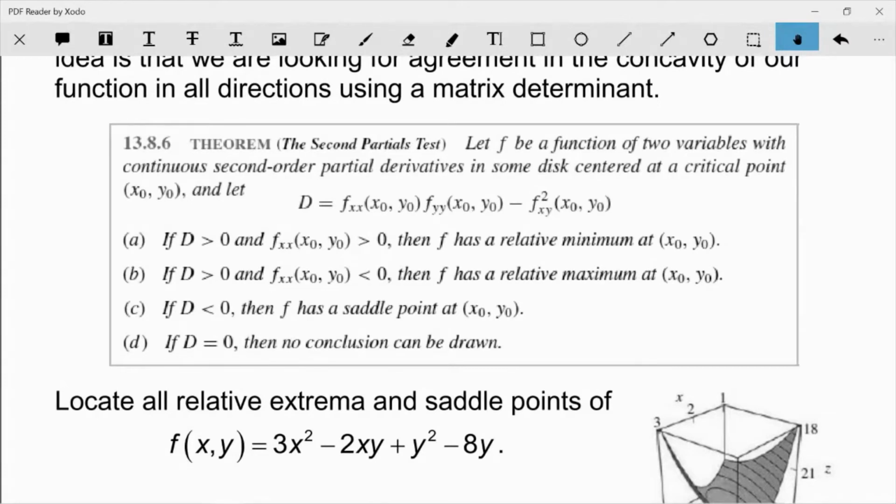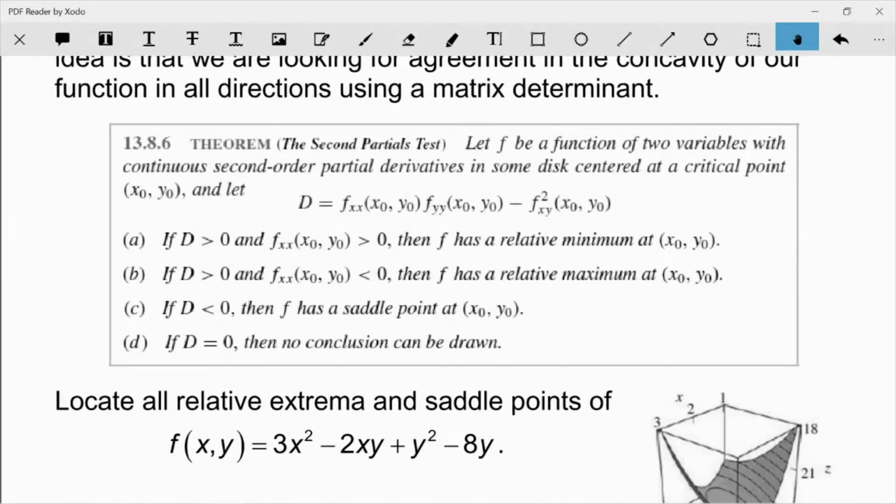Now, this second partials test is actually, in the end, a determinant of a 2x2 matrix of all of our second partials. And it gives us an end result of, okay, do we have consistency in our concavities from the different directions? And remember, there's an infinite number of directions I can be looking at from a concavity perspective.